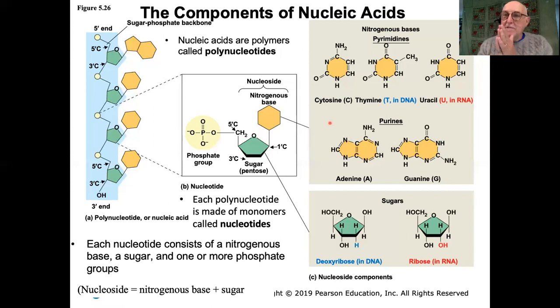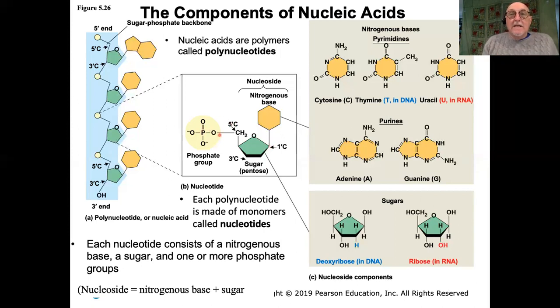We'll see how it becomes a double molecule in a minute, how that structure is created. But DNA is a double helix. But RNA is not. RNA is fundamentally a single-stranded molecule. And I say fundamentally because you'll see that there's a little bit of a complication. But nonetheless, RNA is fundamentally single-stranded, DNA is double-stranded.